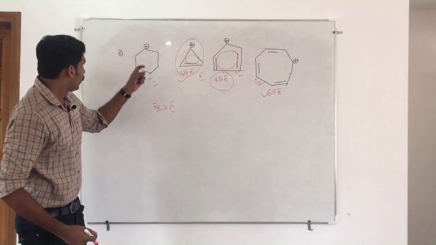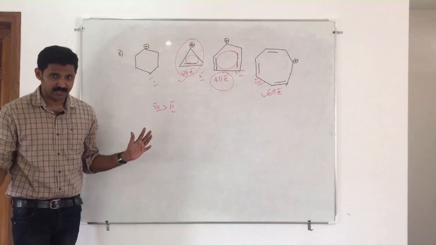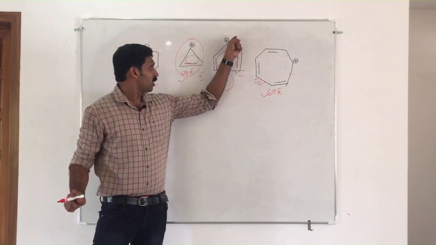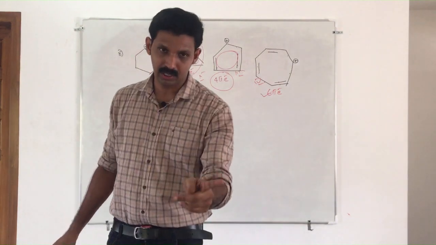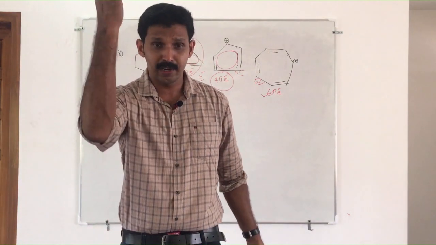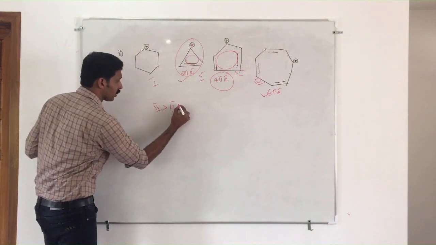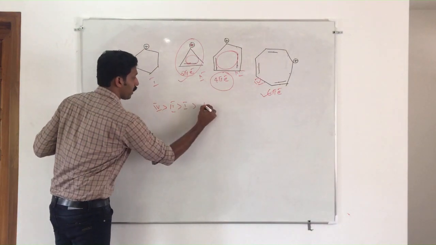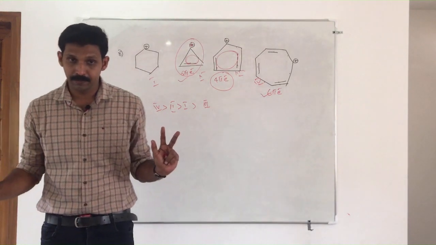Then here there is a plus charge, no aromaticity, no delocalization. Here instead of aromaticity, it is anti-aromatic. I told you anti-aromatic is highly unstable. Therefore, only after this one comes. That is how the order of stability goes. Get the idea? Right.